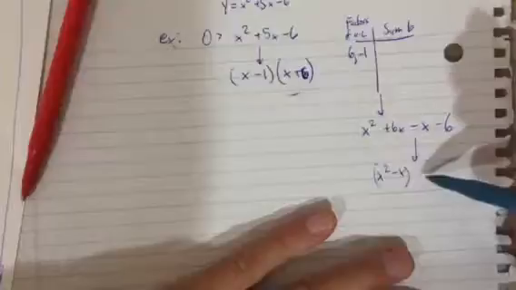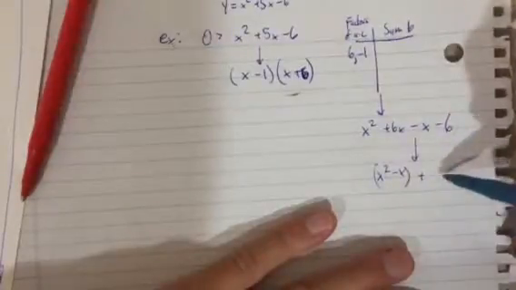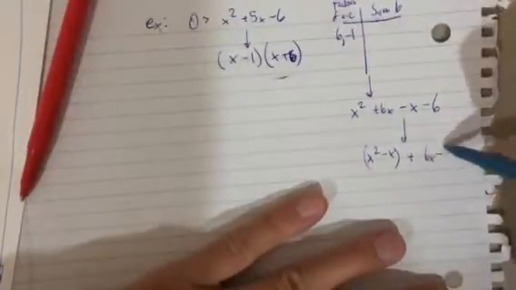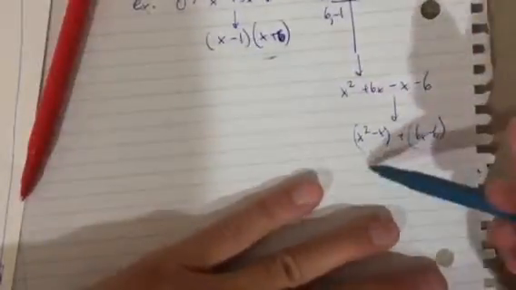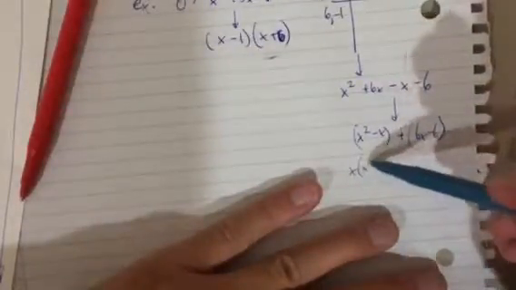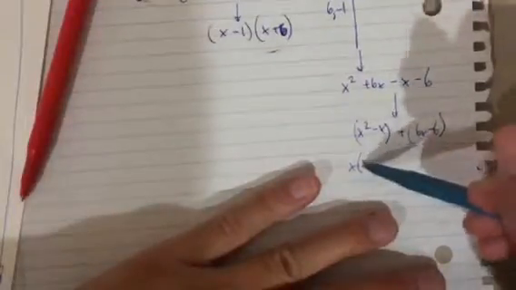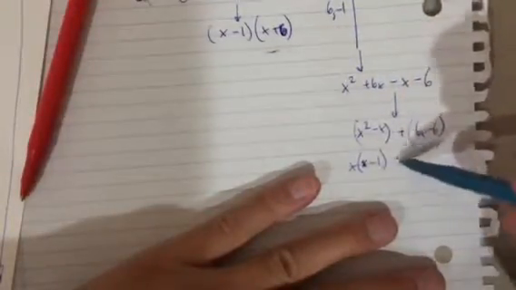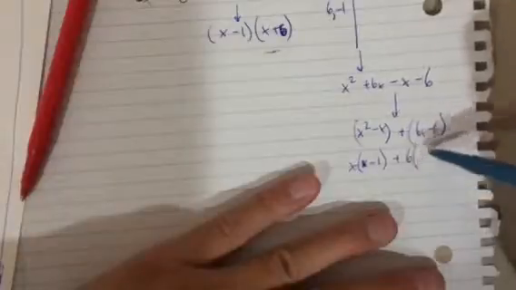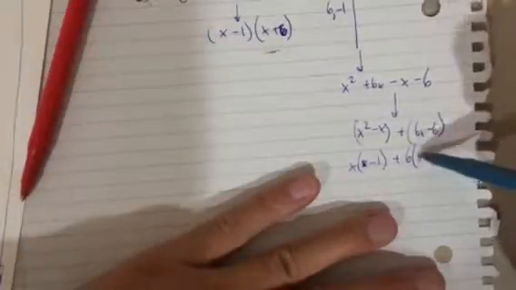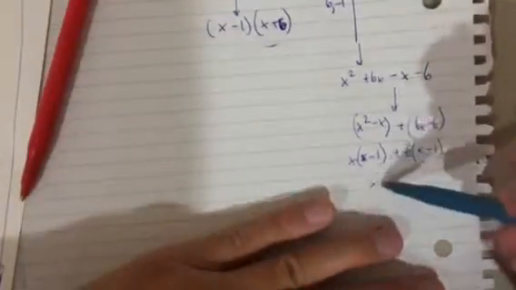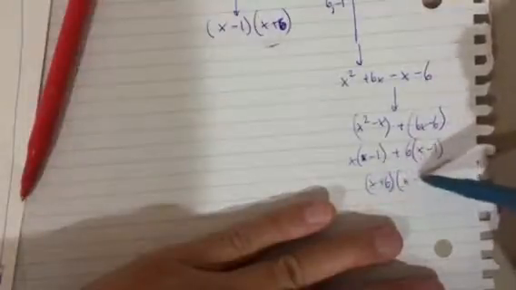I would group those together, and then I would also group 6x minus 6. Okay, and then you would factor out x out of x squared minus x, so I would get x times x minus 1 plus, and I would factor out 6 here because that's the common factor between both these numbers. It'd be x plus 6 times x minus 1.